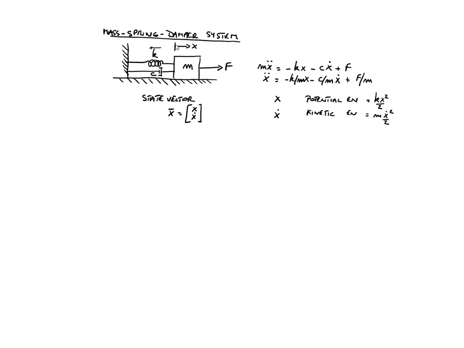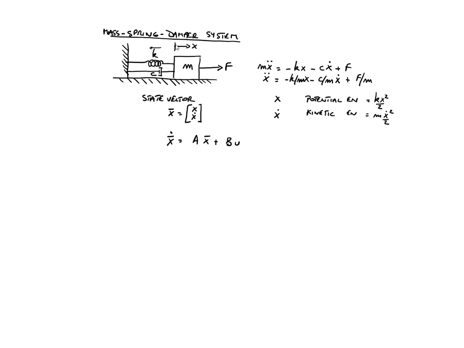So we now have to write the state space equation, and remember that it's written like this: x bar dot is A x bar plus B u.